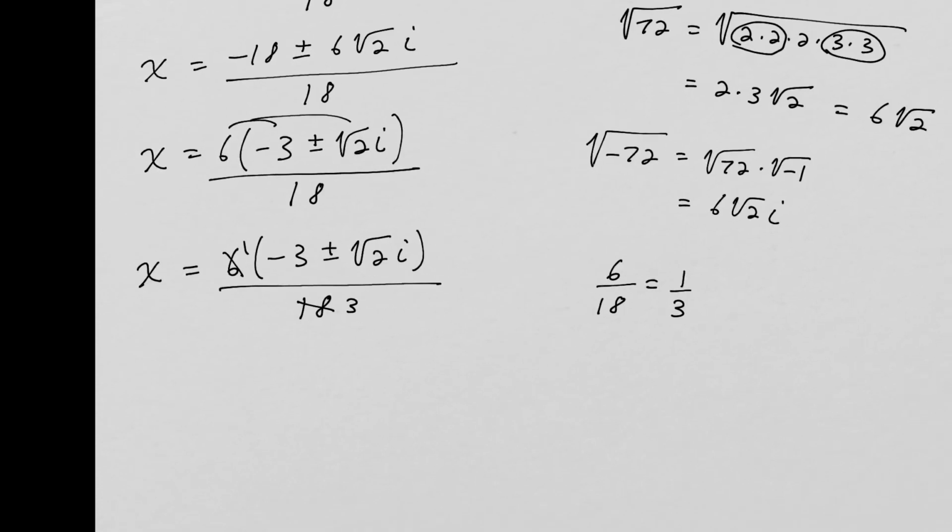So that means my final result is going to be x is equal to negative 3 plus or minus the square root of 2i all over 3.